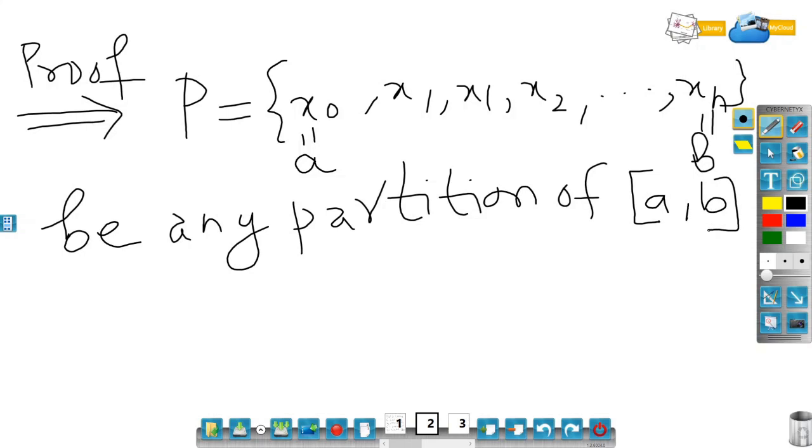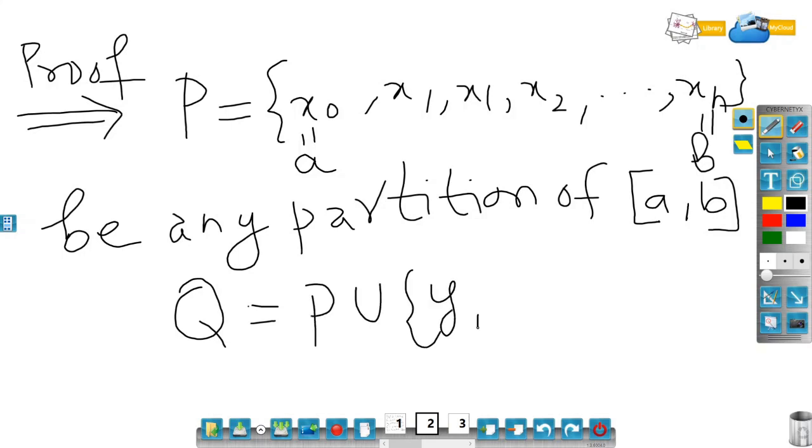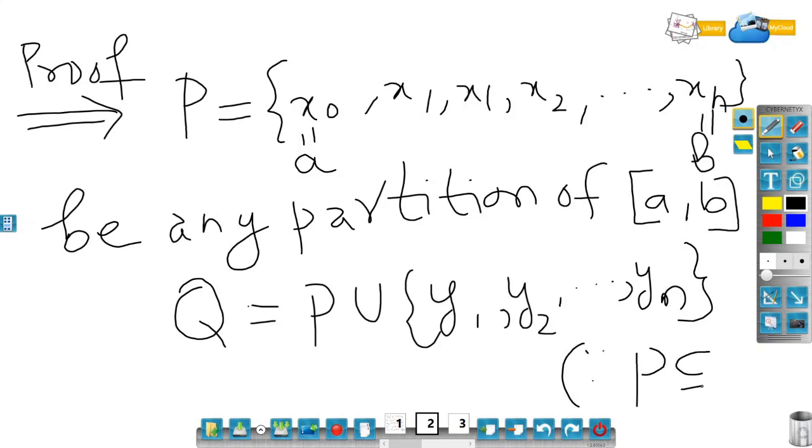And now let me take a partition Q. Q is a refinement of P, so it is very clear that P is fully contained in Q. So Q has P as well as some extra points. So let Q be equal to P union {y1, y2, dot dot dot ym}. So you can observe that P is a subset of Q. So that means Q is a refinement of P.